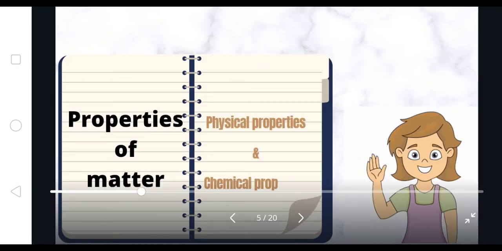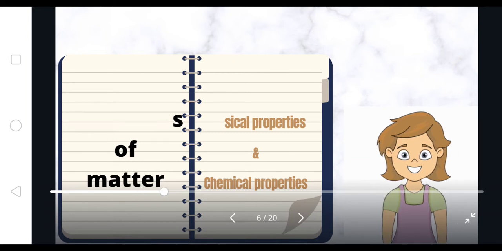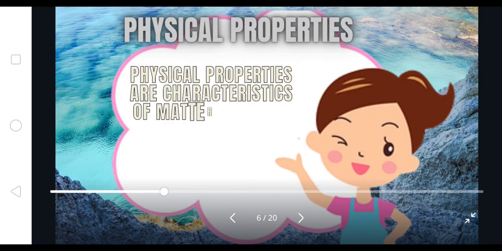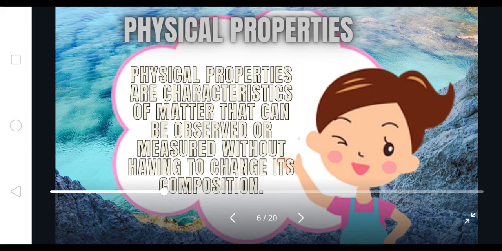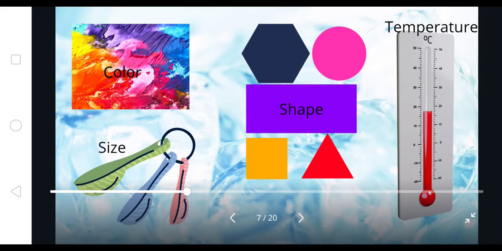There are two properties of matter: physical properties and chemical properties. Physical properties are characteristics of matter that can be observed or measured without having to change its composition. These include external characteristics such as color, shape, size, and temperature.